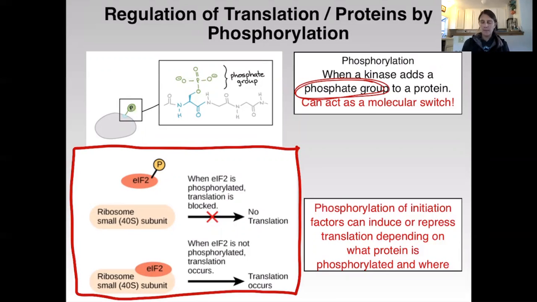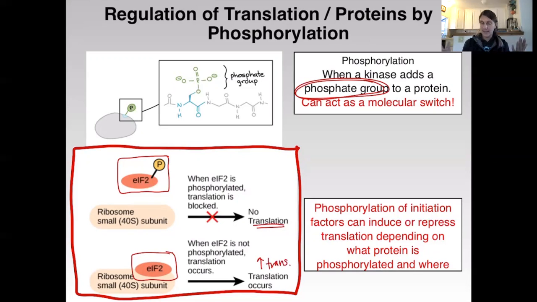So in the top, we have phosphorylated, this EIF2, and we get no translation happening, all right? However, you should notice that when EIF2 is dephosphorylated or not phosphorylated, then you get an increase in translation, right?